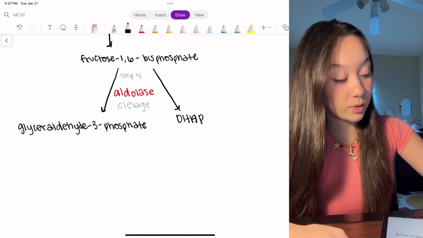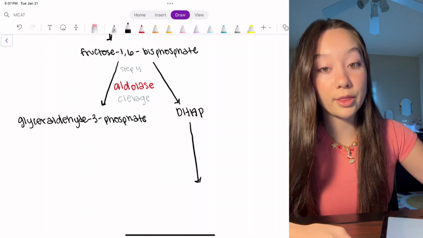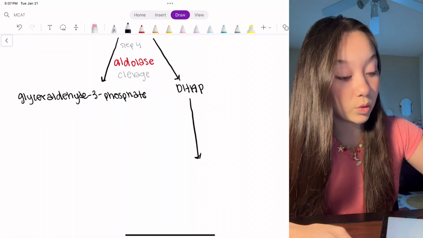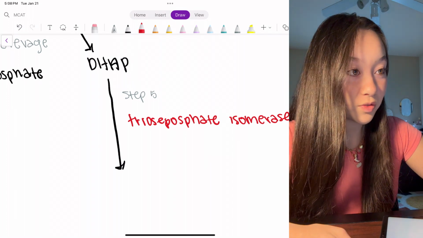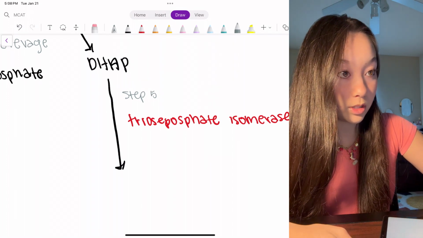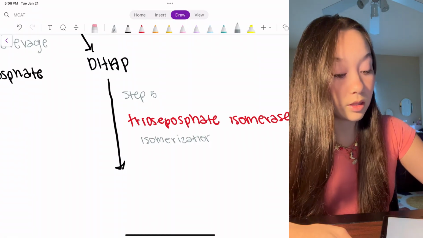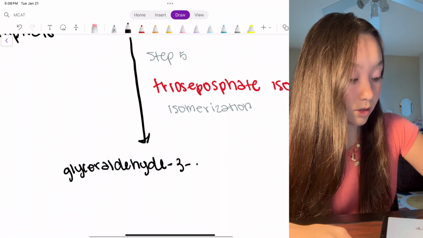DHAP is then going to go through an additional step to turn it into glyceraldehyde 3-phosphate. So we'll call this step 5, and this is done by an enzyme called triose phosphate isomerase. This is an isomerization reaction, and this is going to get us back to glyceraldehyde 3-phosphate.